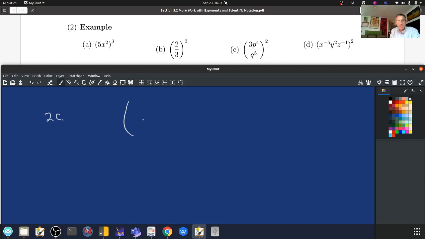So here they're mixing things up again. We're going to use several rules at once. 3p to the 4th over q to the 5th, all squared. If you remember PEMDAS, it tells us to do parentheses first, then exponentiation.